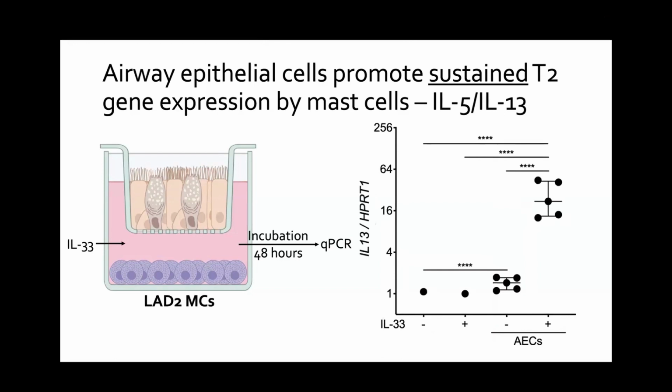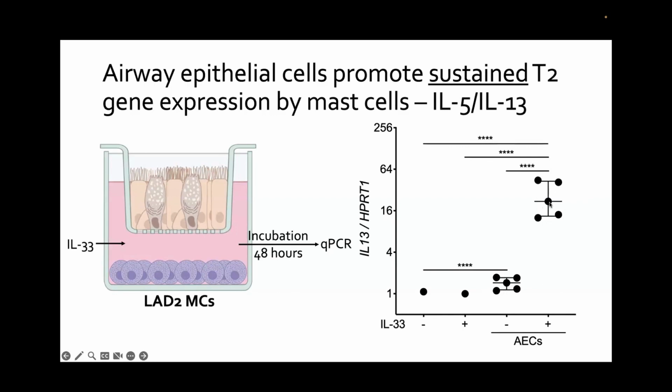But the other really curious thing is for IL-13, which those sentinel studies by David Corry and Marsha Wills-Karp, published at the same time, showed IL-13 mediates airway dysfunction. So for IL-13, you get a little bump when the cells are just cultured with airway epithelial cells, but for some reason, IL-33 has this very unique effect.